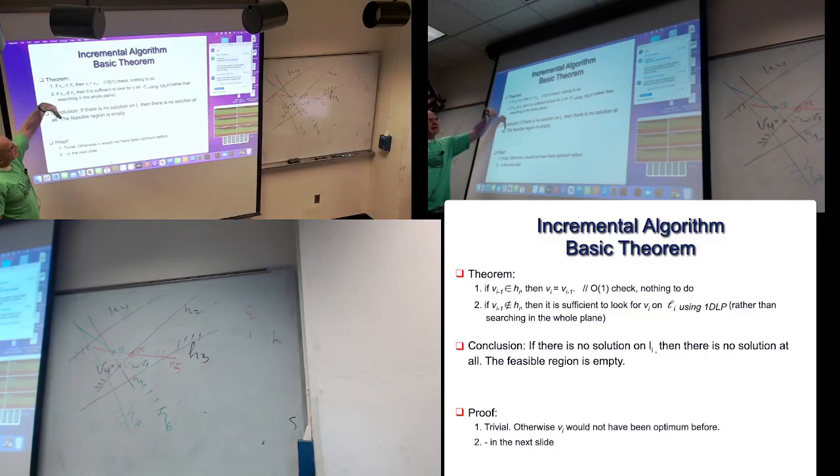I'm at the ith step of the algorithm. I know what is v(i-1). v(i-1) is a solution for the first i-1 constraints. And now I'm looking at Hi. Hi is suddenly in the game.